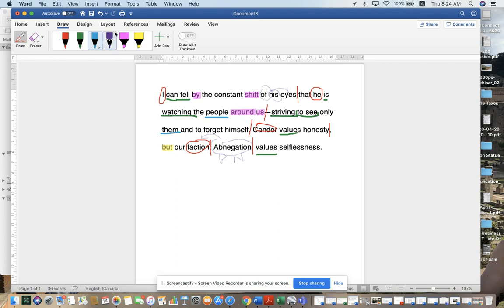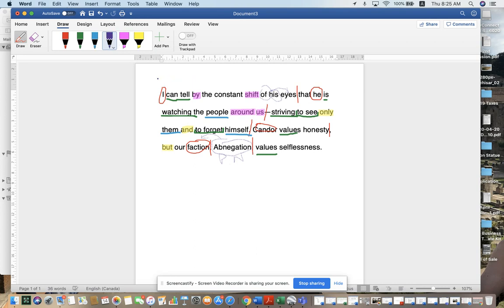Only is an adverb. And then we have a conjunction, and notice that we have two. Here's another one: to forget. So to forget is another object infinitive. And who is he to forget? Himself.